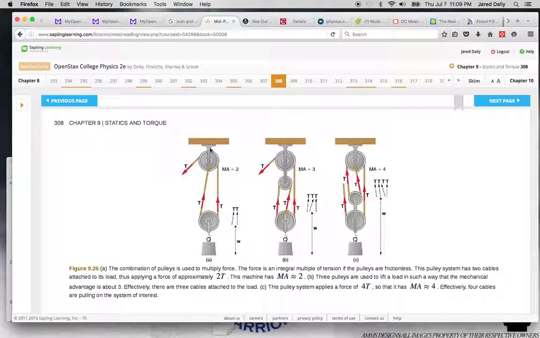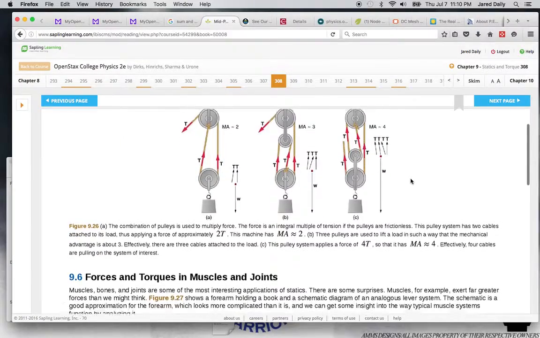If you just had the one rope you would get just the one tension, but if you put it through another pulley and tie it back up to this original pulley, then you get another tension here. So you get twice as much tension pulling up this weight. If you do that with another pulley, then you get 3 times as much. And you can even get 4 times as much by pulling in a different direction here. So just configurations of pulleys can give you all kinds of mechanical advantage.